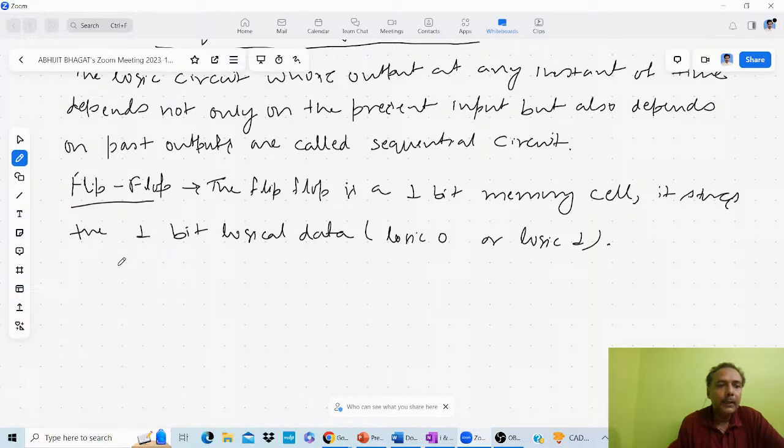Now flip-flops come in a number of types. First is the SR flip-flop.